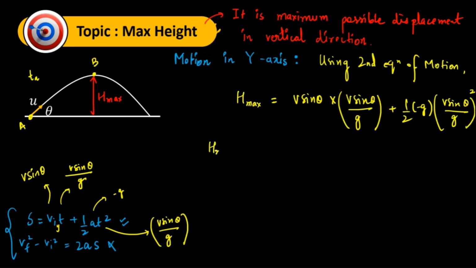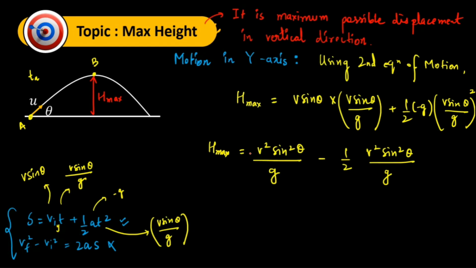If we simplify, we get h max as v square sine square theta by g minus half of v square sine square theta by g. Can I write only g here? Because the g in the numerator will cancel one g in the denominator, so we'll be left with only one g in the denominator.